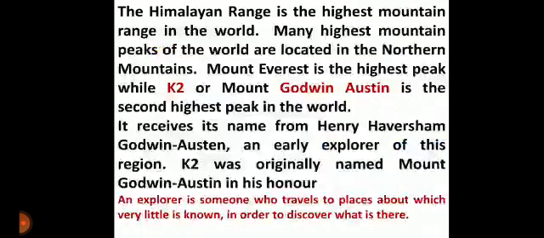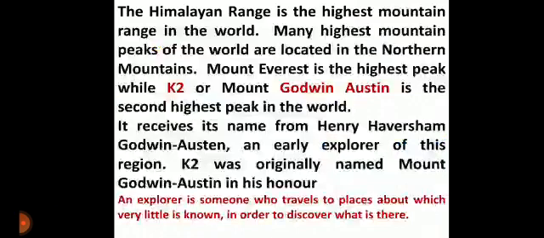How did it get the name Godwin Austen? It receives its name from Henry Haversham Godwin Austen, an early explorer of this region. K2 was originally named Mount Godwin Austen in his honor.